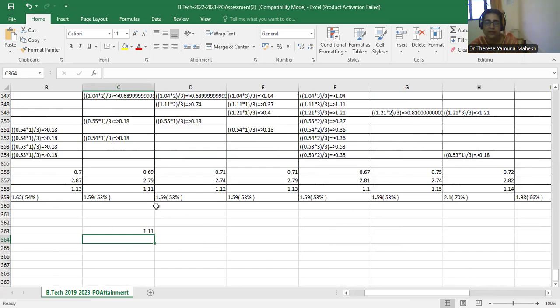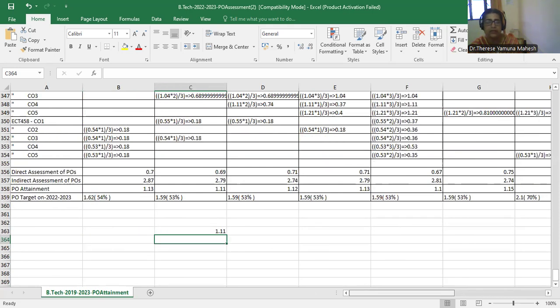We have set the target only for those POs to which we have mapped. So if we include all the activities that are done in the campus towards this PO mapping, then we'll get a higher target, and our achievable target also will be higher.